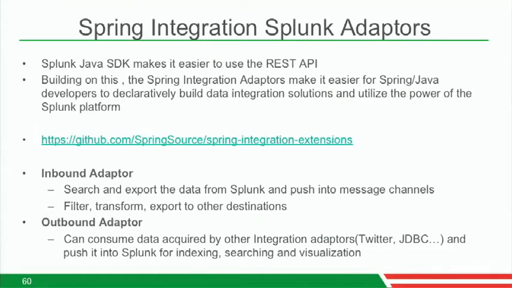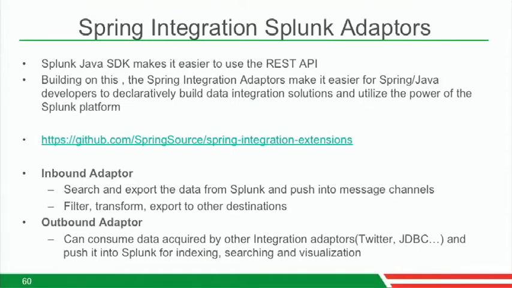So in a Spring end-to-end integration solution, you might have various different adapters: some JDBC adapters, a Redis adapter, a MongoDB adapter, a Twitter adapter, a simple file adapter. You're able to pull data in from sources, maybe do some transformation and filtering inside of Spring, then forward this into Splunk.